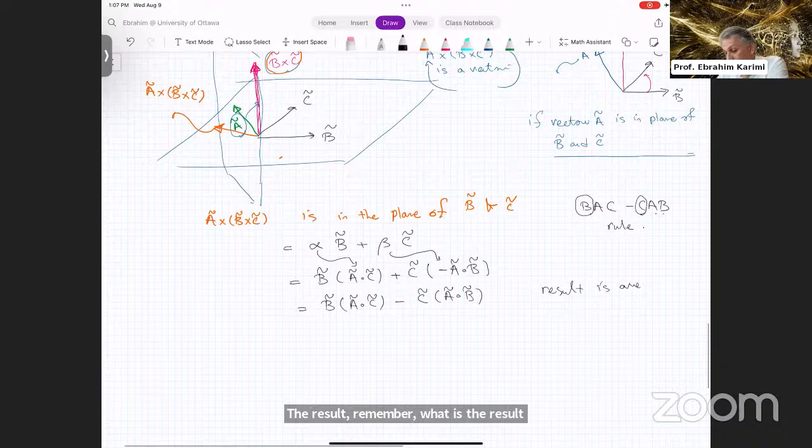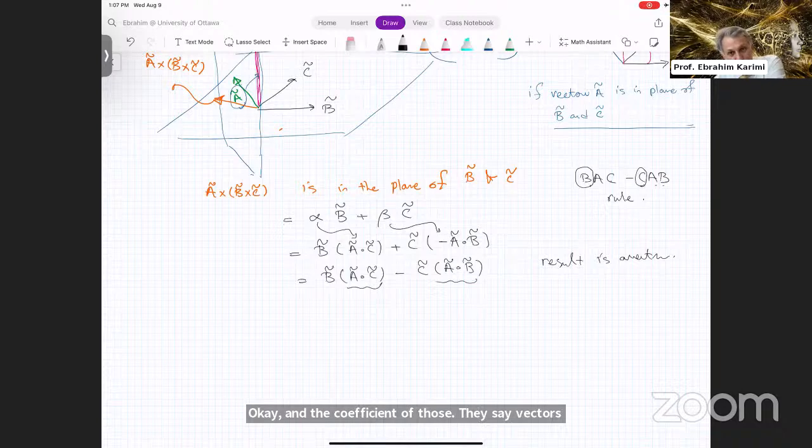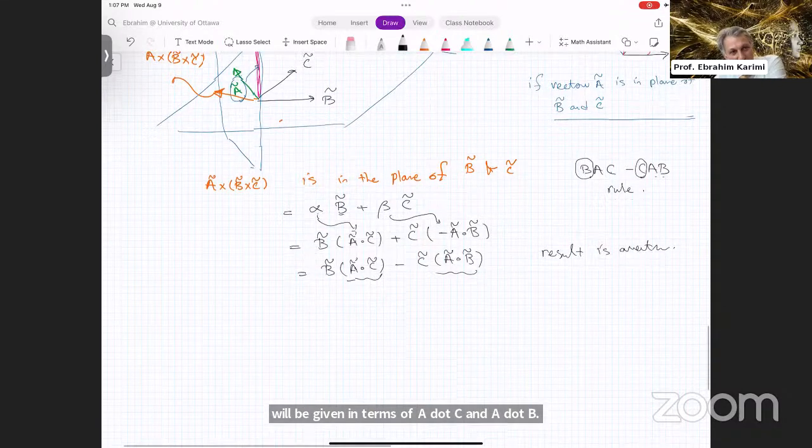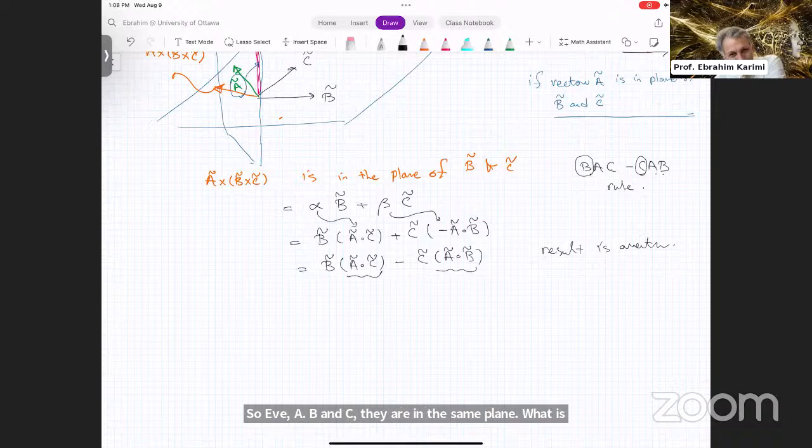It is a vector. Okay? And the coefficients of those vectors will be given in terms of A dot C and A dot B. So if A, B, and C are in the same plane, what is happening, guys? A, B, and C are in the same plane.